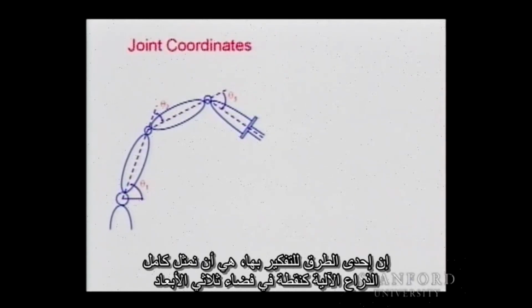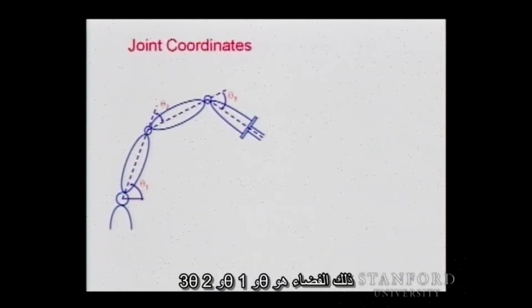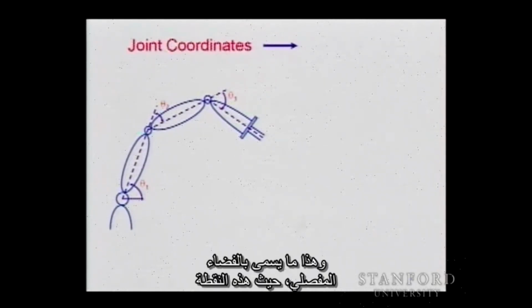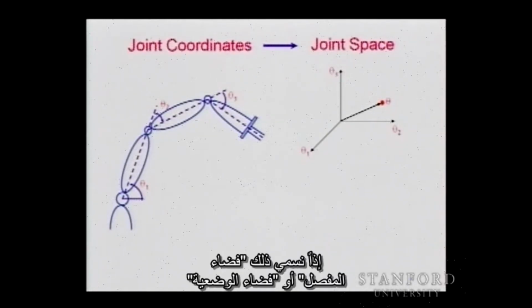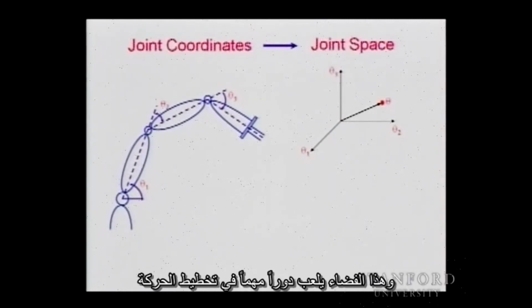So one way to think about it is to represent this whole manipulator as a point in a 3-dimensional space, and that space is theta 1, theta 2, theta 3. And that would be the joint space, where this point theta, which is the vector theta 1, theta 2, theta 3, represents the configuration of this manipulator. So we call this the joint space or the configuration space. And this space plays a very important role in motion planning.